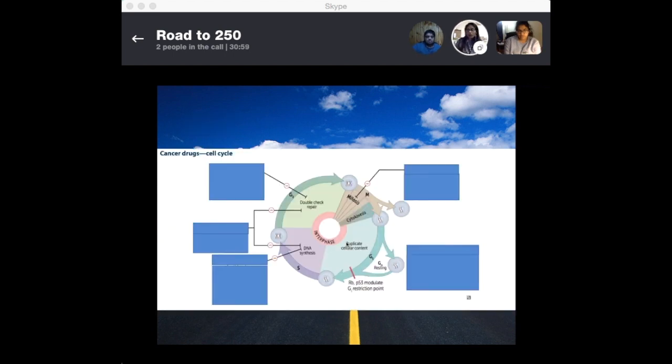Okay. So the drugs is just going to be, like I said, categorically subcategorizing how our anti-cancer drugs are broken down and how they're essentially engineered. So we have the G1 to S to G2 to M phase progression.